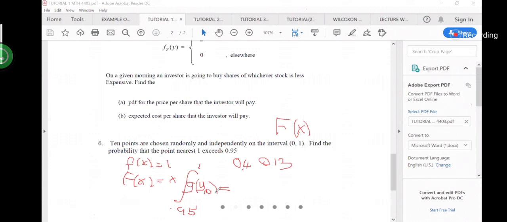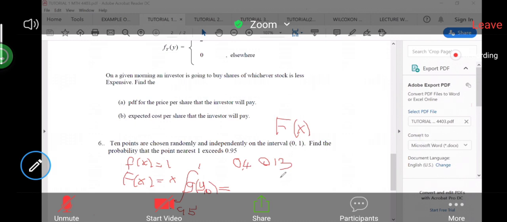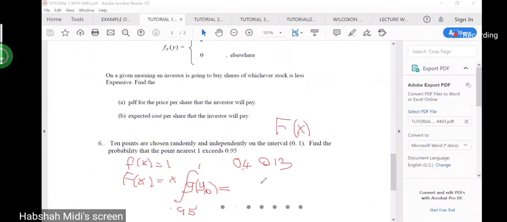You also have to remember the beta distribution. Sometimes it's easier, if x has interval between 0 and 1, to remember the beta distribution and use it to simplify the integration.